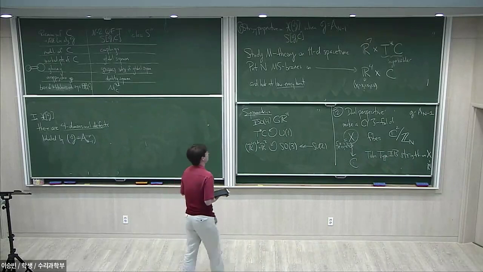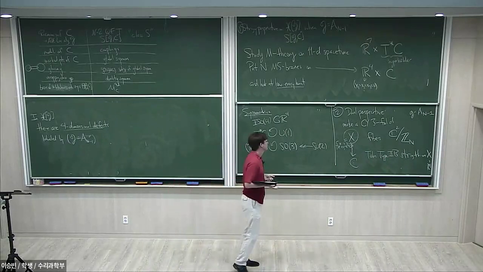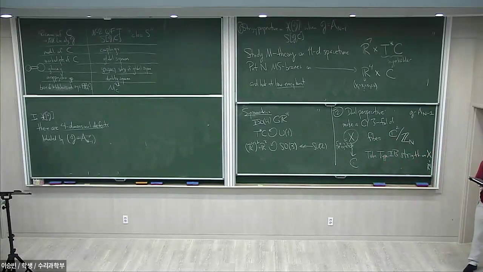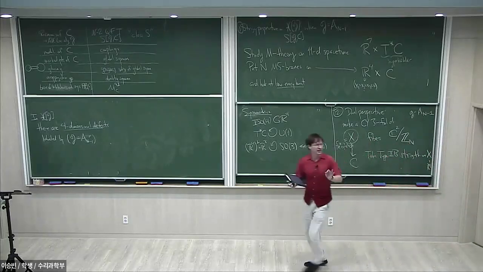Yeah, that's right. That's right. Yeah, I guess that's right that there's a T duality involved on a circle, which I think yeah. But let me not try to say it correctly.